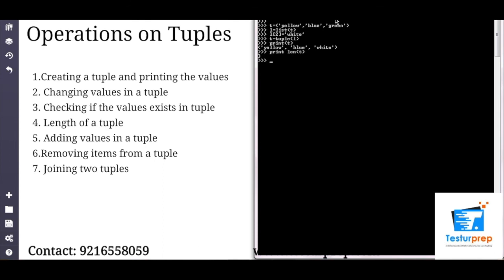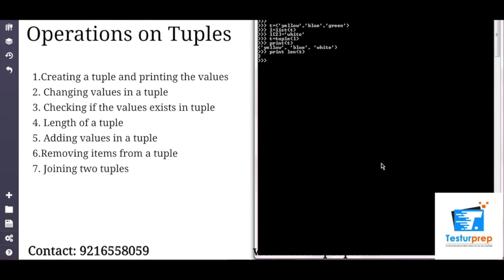Now the next part, that is adding the values in a tuple, we cannot do that. We still tried changing the value from green to white. We cannot add whatever value you want. Now let's try removing items from a tuple. Removing the items from the tuple is again not possible because a tuple is immutable. You cannot change the values, which also includes removing the values.